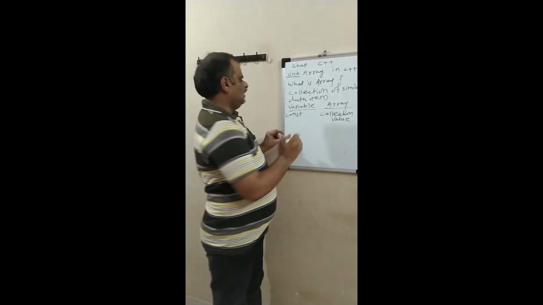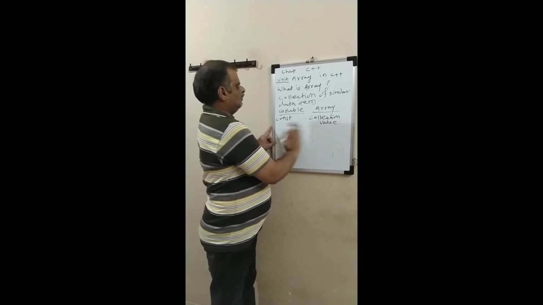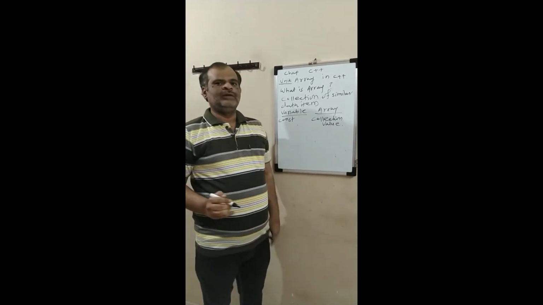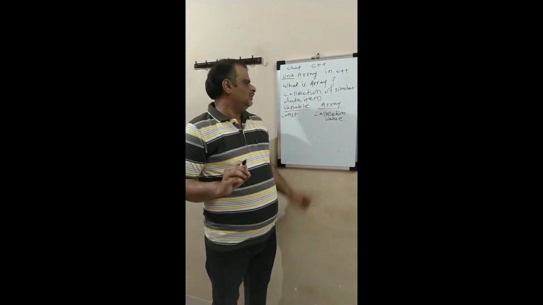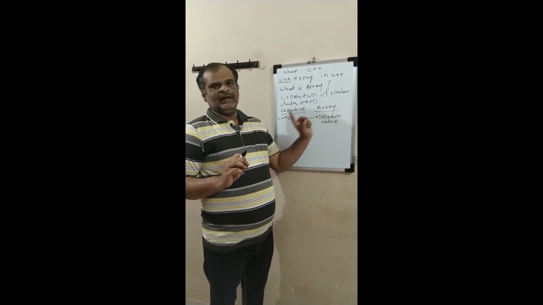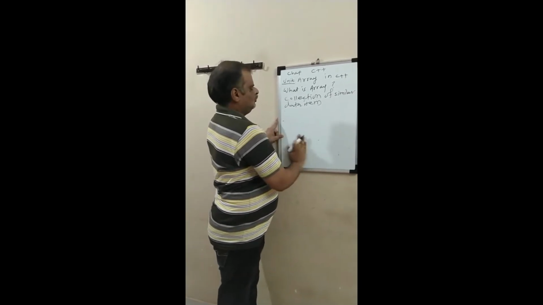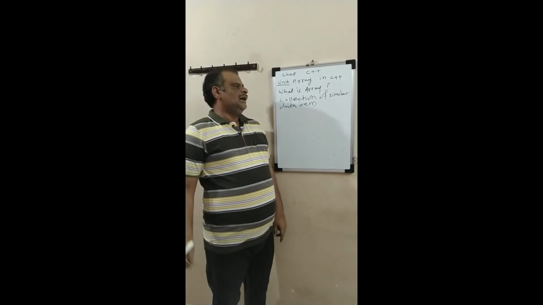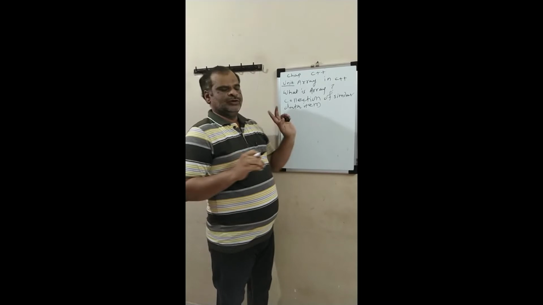A variable declaration cannot contain a subscript notation, but an array contains a subscript notation. This is another major difference. When there is a collection of same elements, then an array is used.